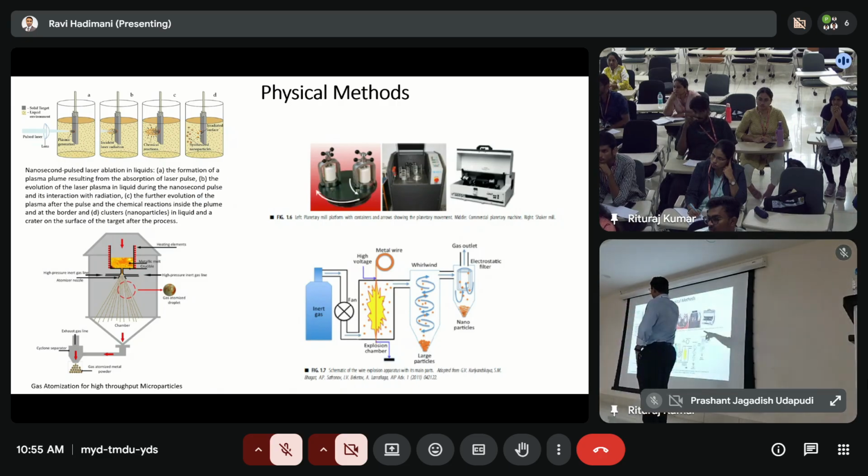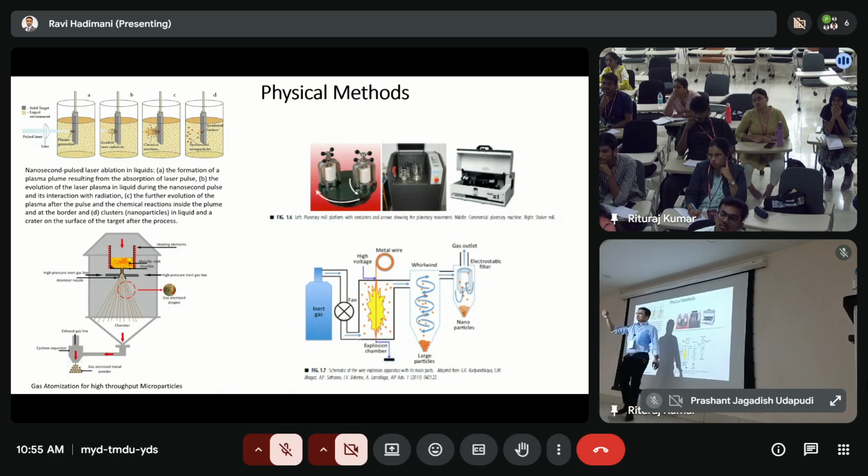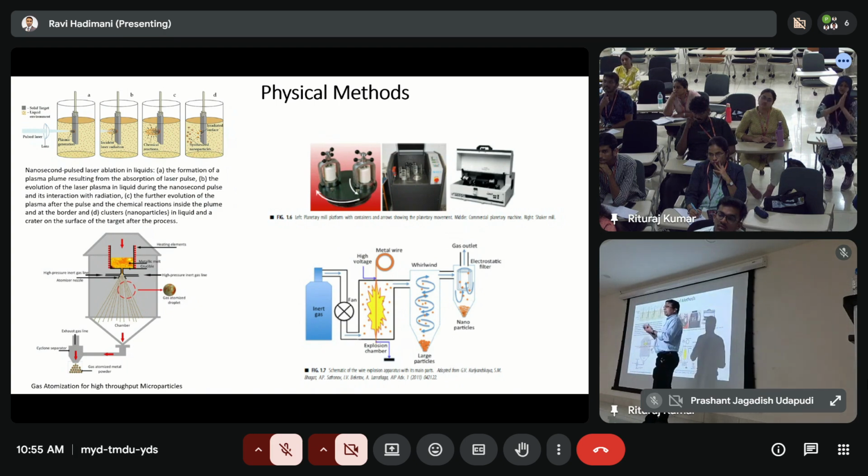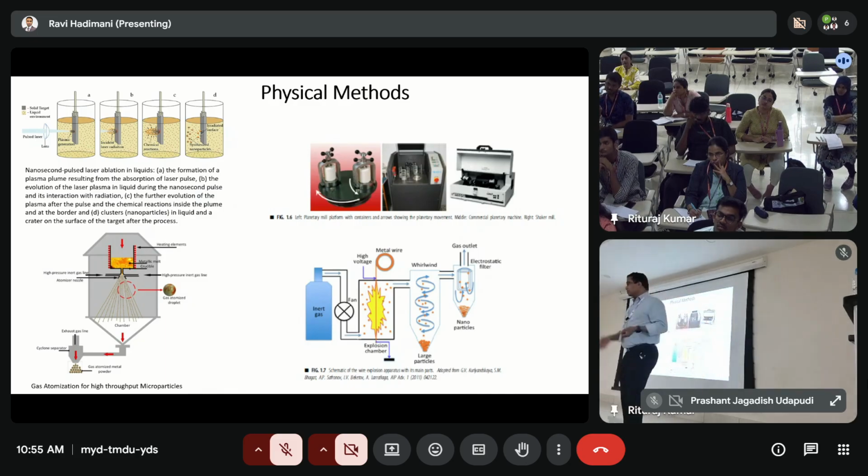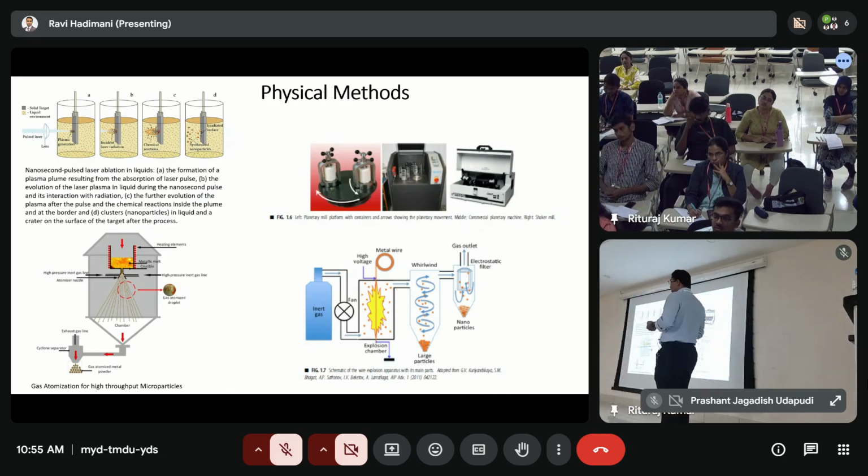That's the pulsed laser ablation technique. You put a target in a liquid and send a laser, and when the laser hits the material, it removes the material in particulate form, and since it's in liquid, it doesn't deposit anywhere, it dissolves into the liquid, and then you can evaporate the solvent or use any other technique to remove the solvent and get the nanoparticles out.